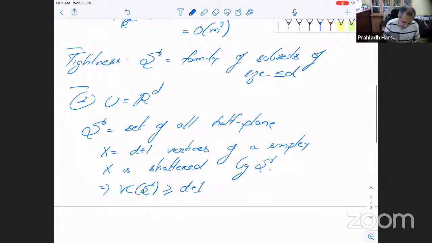There's Radon's theorem from convex geometry.